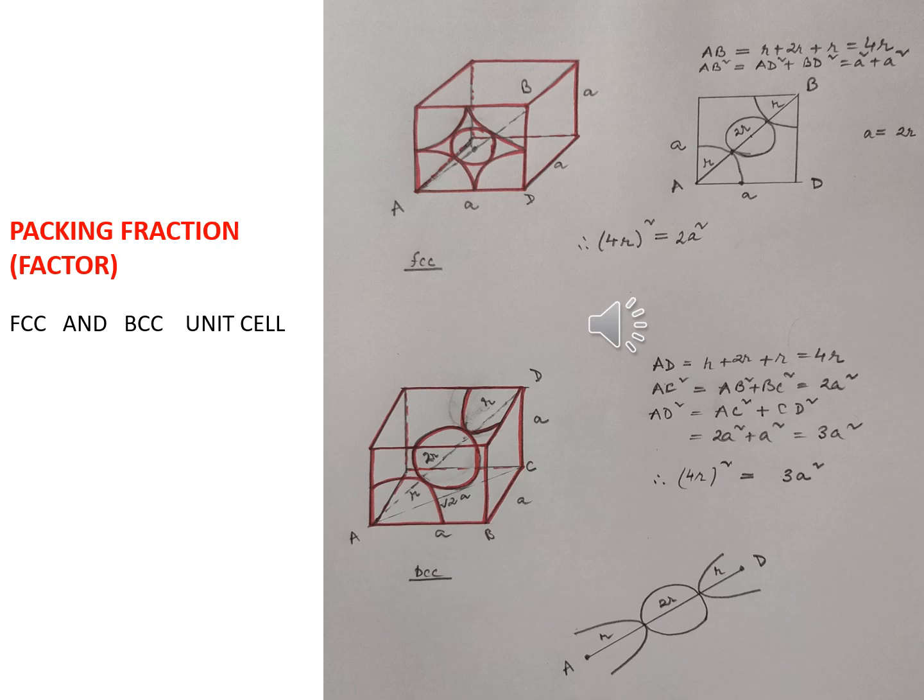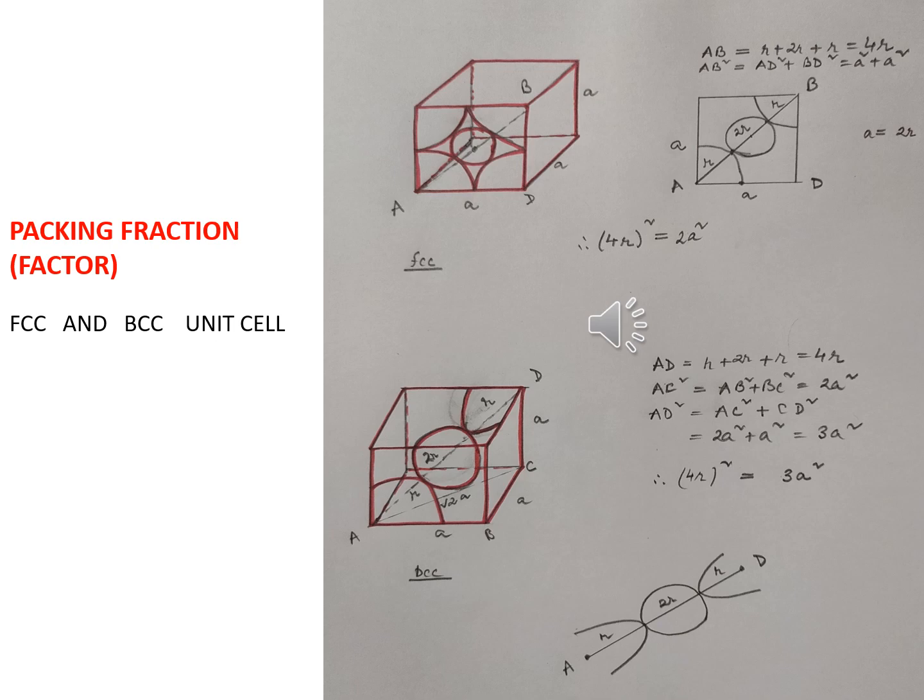In case of FCC, if you look at the arrangement of the atoms, the atoms on the front surface will be arranged as shown in the upper diagram. At the 4 corners there will be 4 atoms, and at the center of the front surface there will be 1 atom. Half of the central atom will be inside the unit cell, and at the 4 corners there will be 1/8 part of the atoms inside the unit cell.